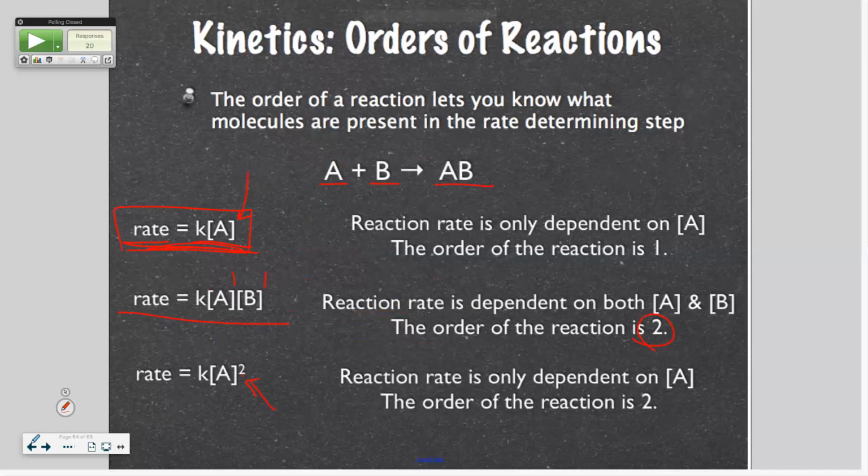Has anyone heard of L-amino acids? And D-amino acids? Those are the 2 stereoisomers.